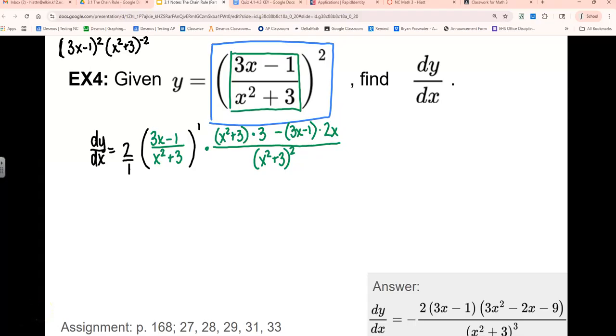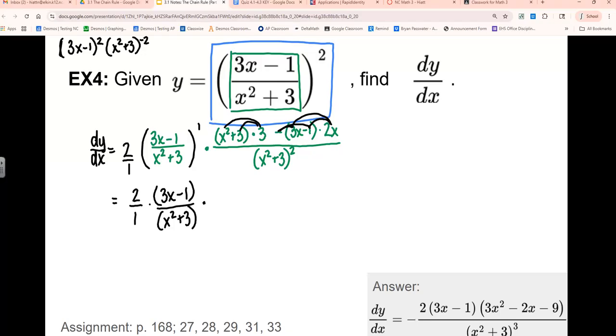I'm going to put this over 1, and I'm going to leave everything as fractions. So that is 2 over 1 times 3x minus 1 over x squared plus 3 times, let's just clean up the top a little bit. I'm going to distribute this 3 here, and I'm going to distribute my 2x here, but be careful because that negative goes too.